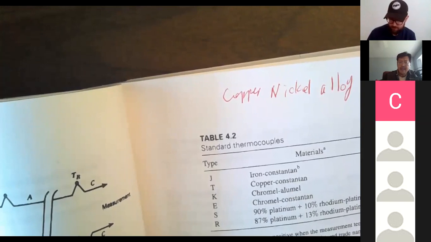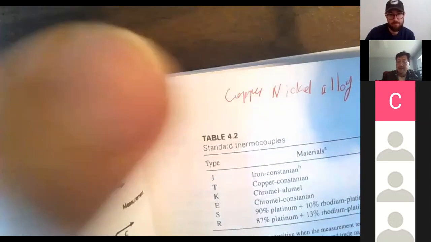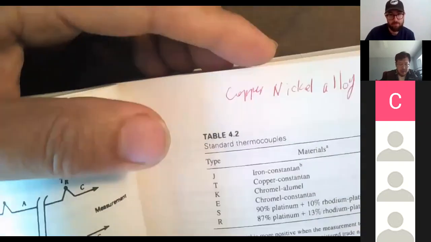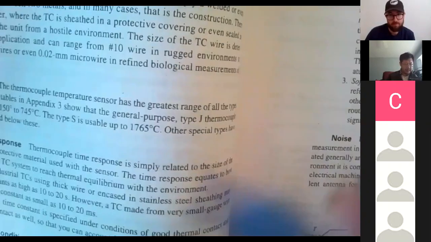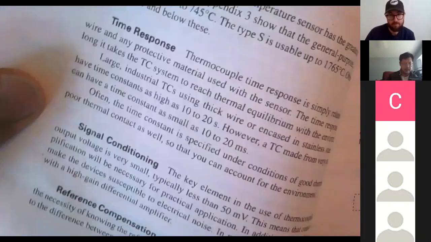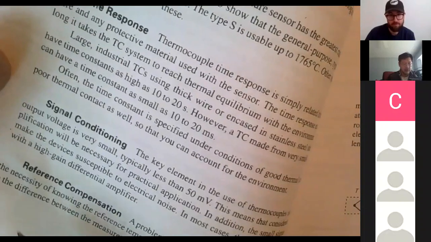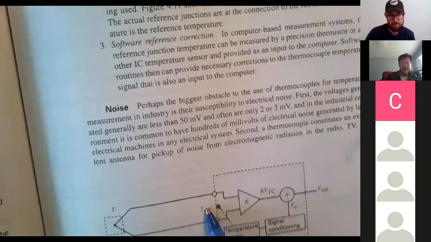So you will create another thermocouple right there, right? Because anytime two different metals touch, it will be a thermocouple, anytime. So that can be a significant problem. That problem can be solved by a second subject called reference compensation.